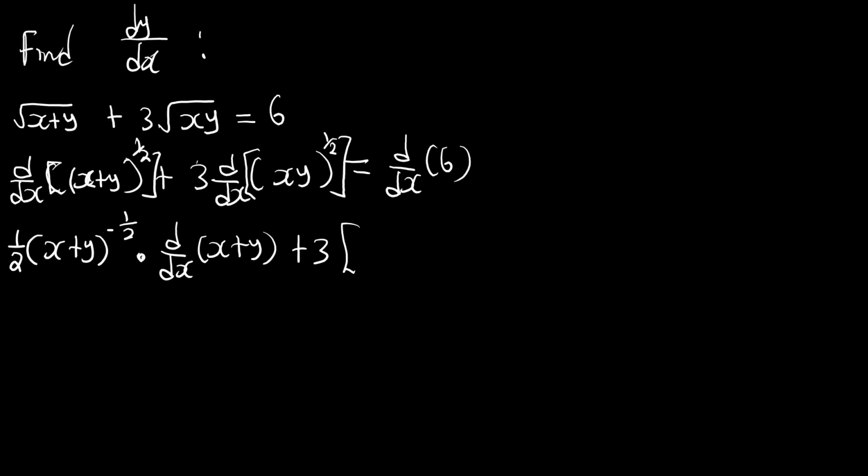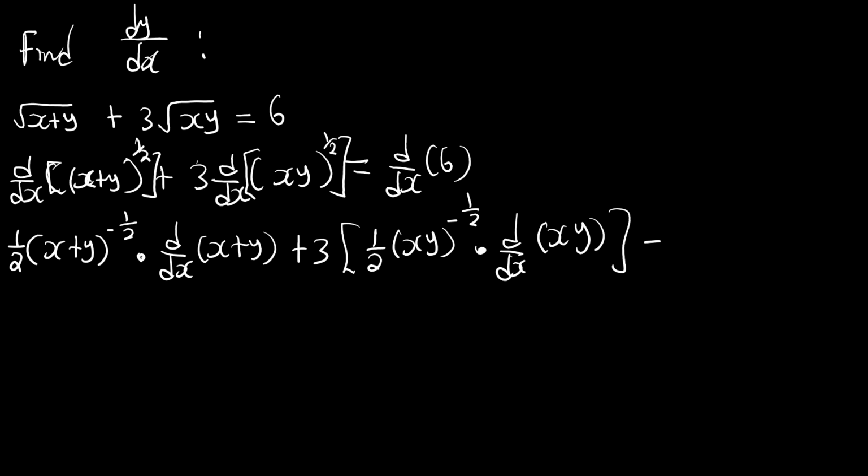We drop our exponent, which is half, and write what we have inside, which is xy. Then we subtract 1 from 1 over 2 and get negative 1 over 2, multiplied by the derivative of what is inside, which is xy. All of this is equal to the derivative of 6, which is 0.